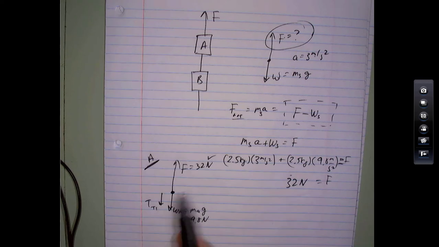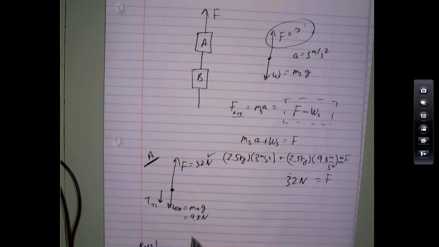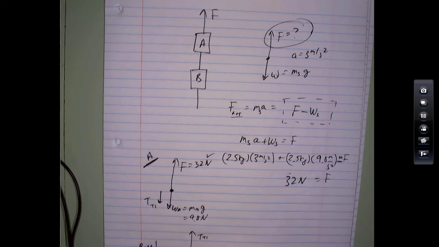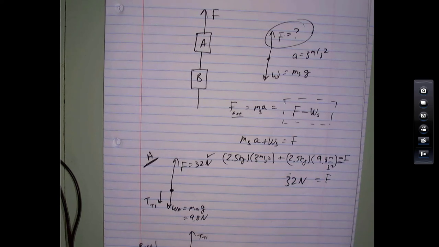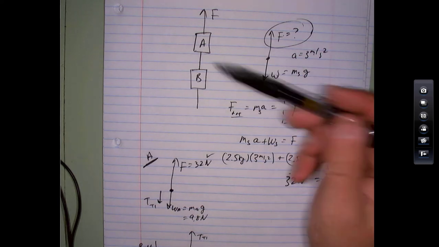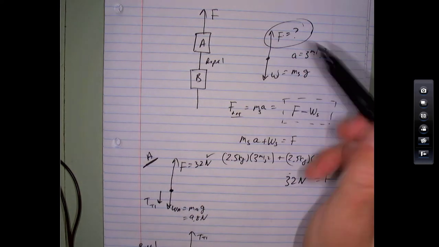Now let me do the free body diagram of rope 1. So for rope 1, we've got the tension at the top of 1. We've got the weight of rope 1. And then here we have the tension at the bottom of 1, right? So the way to think about this is, again, this is just for rope 1 right here that I'm working on.